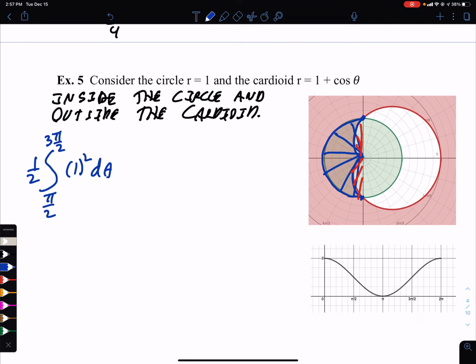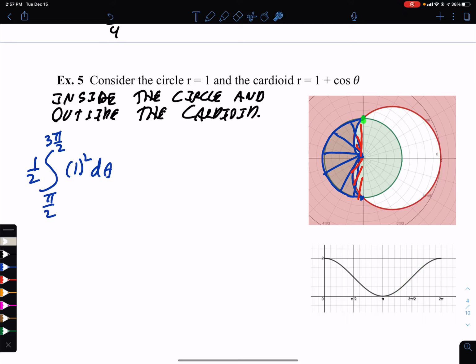And if we look at the red cardioid, it starts at 2 and an angle of 0. That's out here. As I sweep, at pi, it's going to get to 0. So as I sweep this way, the radius gets smaller, smaller, smaller till 0 at pi. And after pi, it starts to increase, bigger, bigger, bigger, and at the end, it ends up at 2 again. And that's what's going on here.